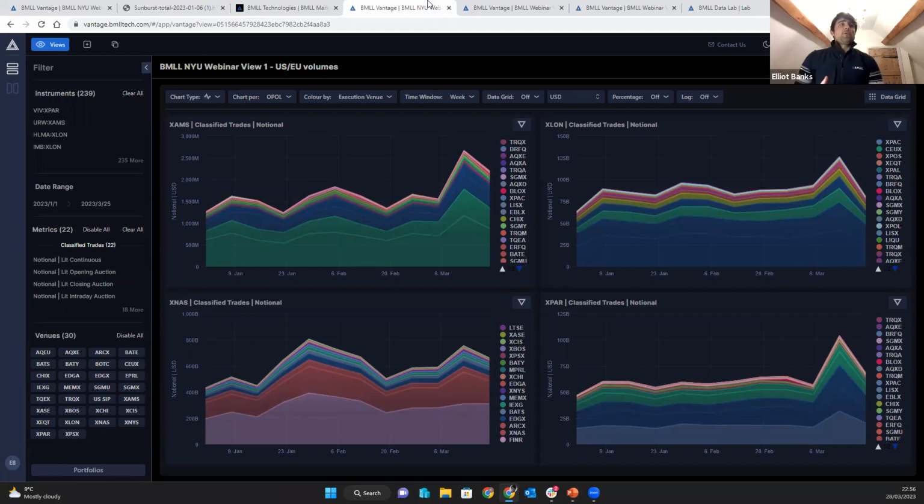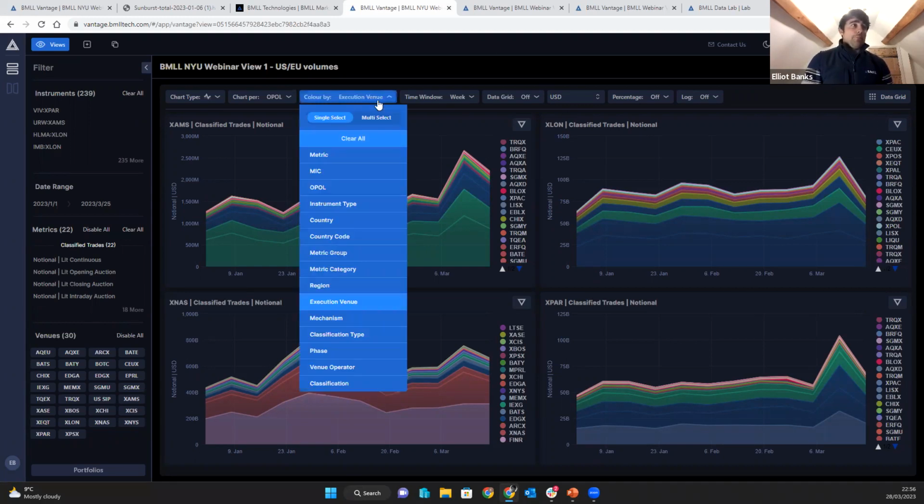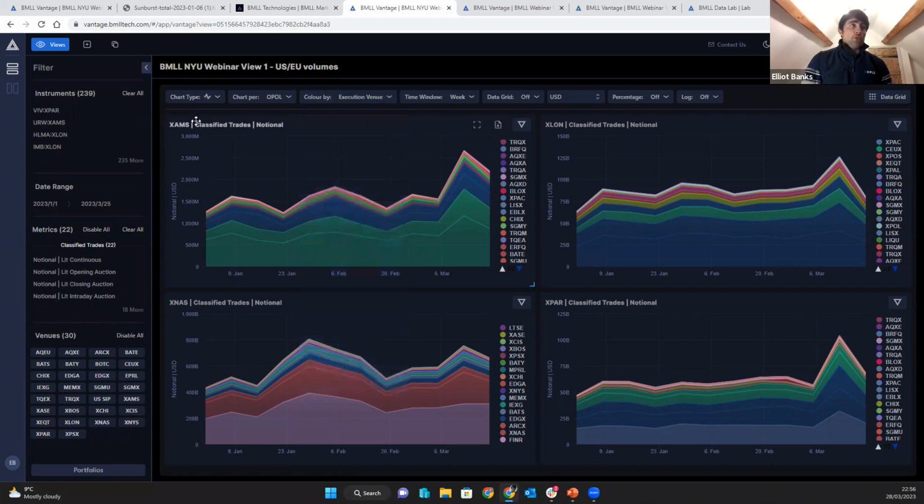And one more thing I thought I'd show, just to highlight some of the ways you can start to do analysis on this. I've pulled up a selection of stocks here on BMLL Vantage, the visual product that we have across both the US and Europe. You can see I've broken it down by what's on Amsterdam, the LSE, Paris, and Nasdaq.